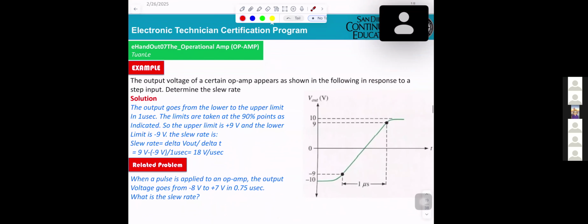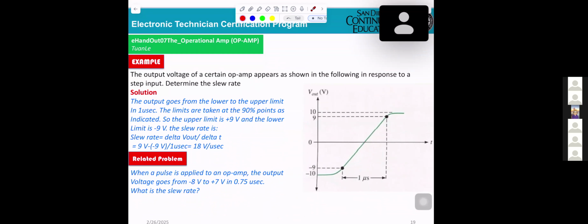That's what they call slew rate. And this one, they just gave you one example of how to calculate it. The output voltage of a certain op-amp appears as in the following, in response to the step input. Determine the slew rate. Okay. The output goes from the lower to the upper limit in 1 microsecond.